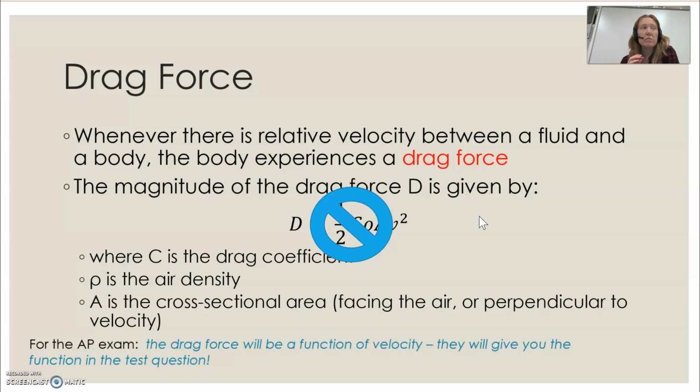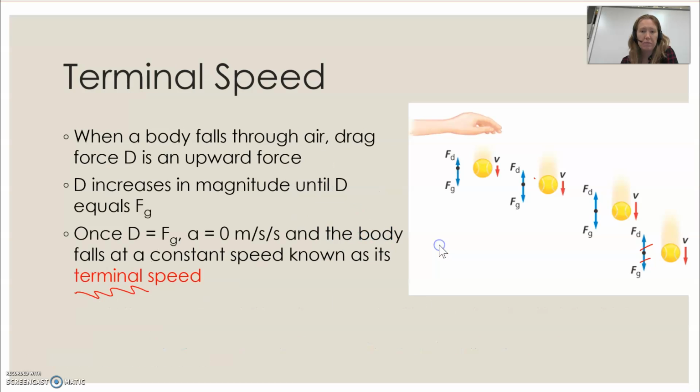We are going to do some more sophisticated analysis of this, and come back to it once you've had more calculus experience in your math class. But conceptually, this is not hard to understand. When we say that this force depends on the velocity, you can still understand that this drag force is going to get bigger as the object is falling faster and faster.